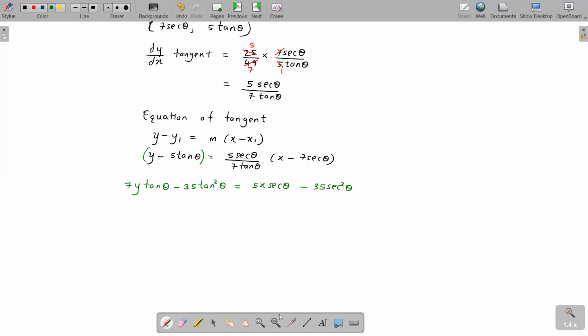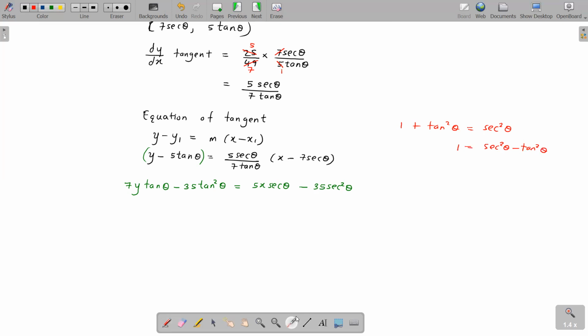So the first thing we could do is get rid of the 35 tan square and 35 sec square, because the rule is sec square minus tan square is 1, right? 1 plus tan square equals sec square is the identity you learned in P3, derived out of sine square plus cos square equals 1. This gives us sec square minus tan square equals 1.